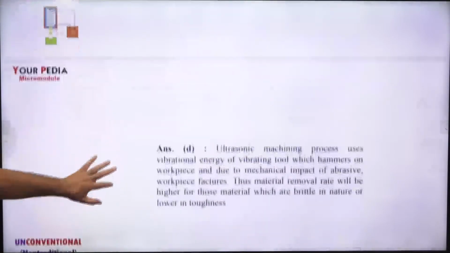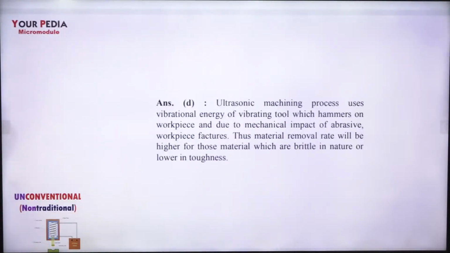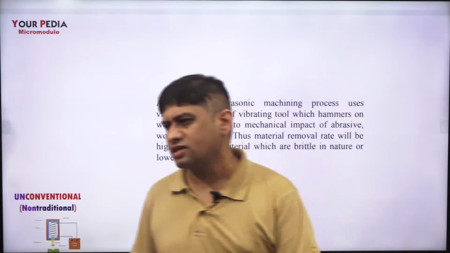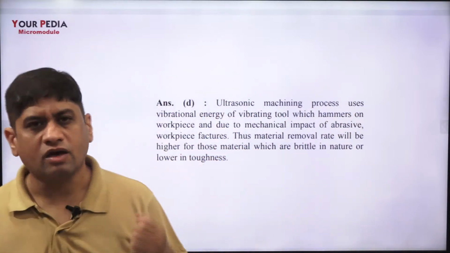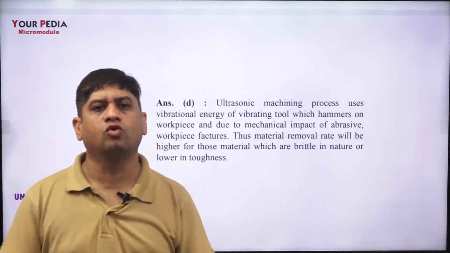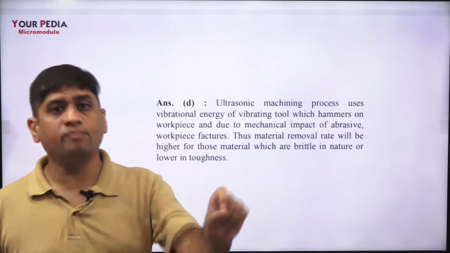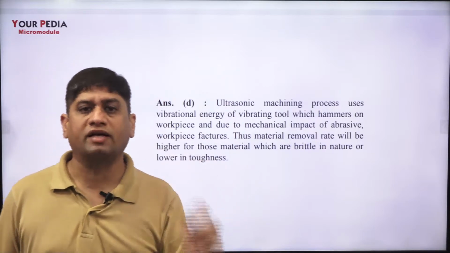Materials which have high brittleness are low in toughness. If toughness is more, the material has the capacity to take impact load. If toughness is less, it cannot take the impact load; it will break, it will fracture.